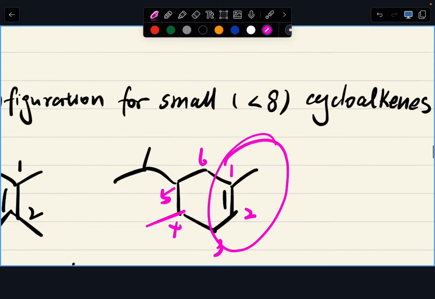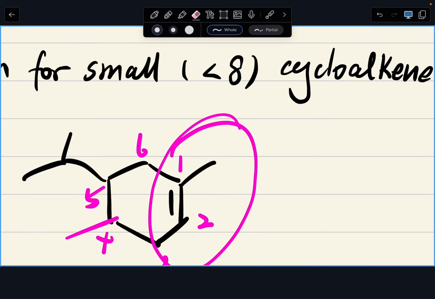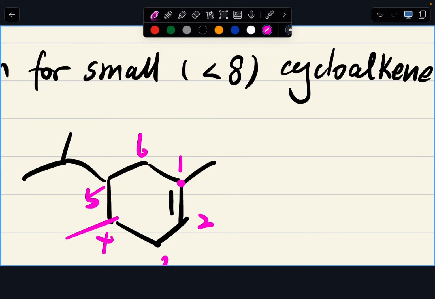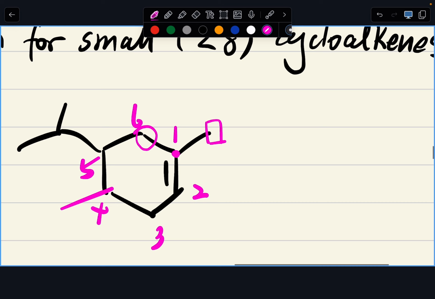Around this double bond, you can have a methyl group or the ring structure. In this case, this one is higher priority. So we're always talking about this ring, and you can't have a trans bond.